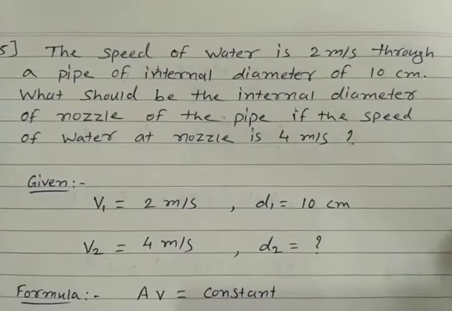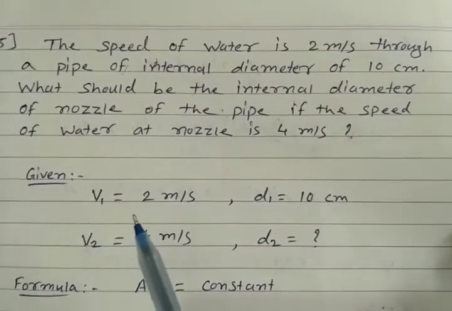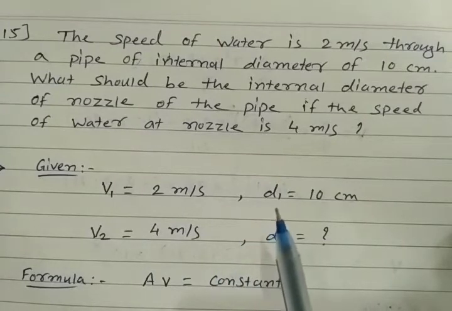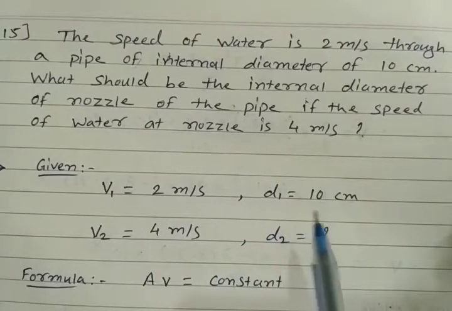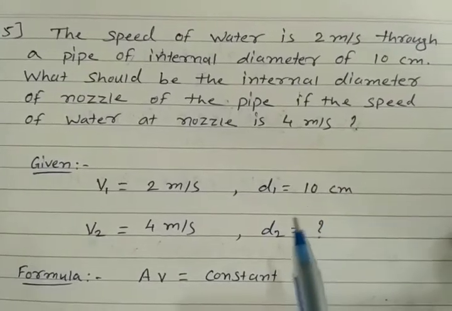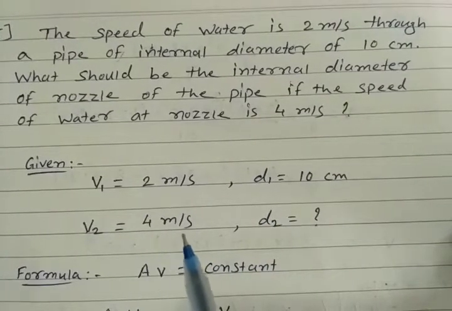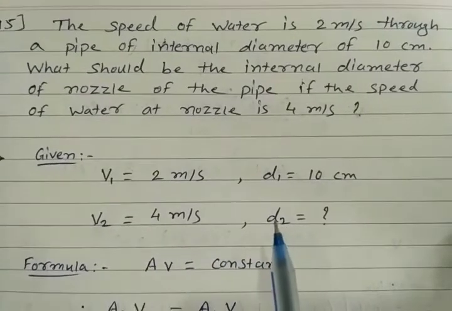So what is given? We have velocity v1 equal to 2 meter per second and diameter over there is 10 centimeter. At other place velocity will be 4 meter per second. What will be its diameter d2?